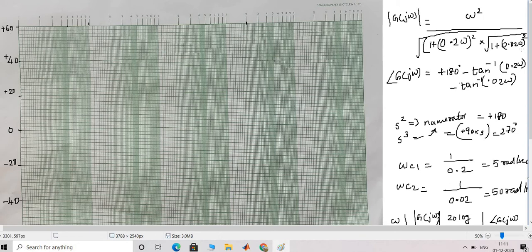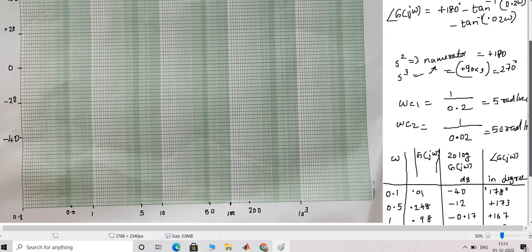So now we can mark the points corresponding to all these values in the graph. What is the value corresponding to 0.1? Corresponding to 0.1, the value is 40 dB.